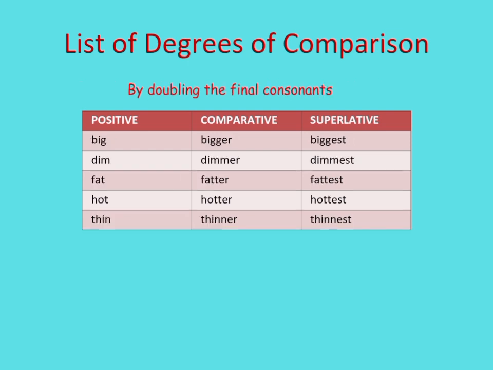We can also make the degrees of comparison by doubling the final consonant, like big, bigger, biggest. Here the last consonant in the word big is g. So here we are doubling the g. Dim, dimmer, dimmest.